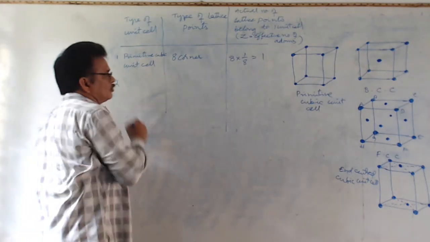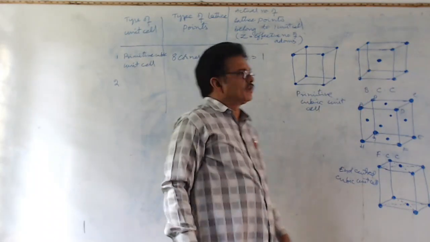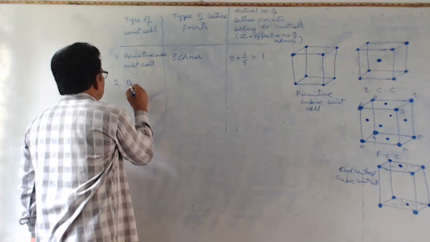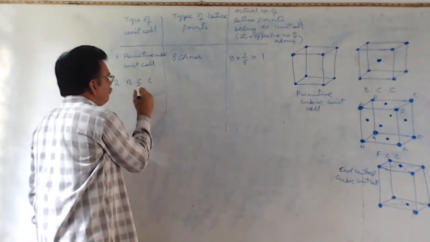And if we go to the second type of cubic unit cell, BCC, body centered cubic unit cell.